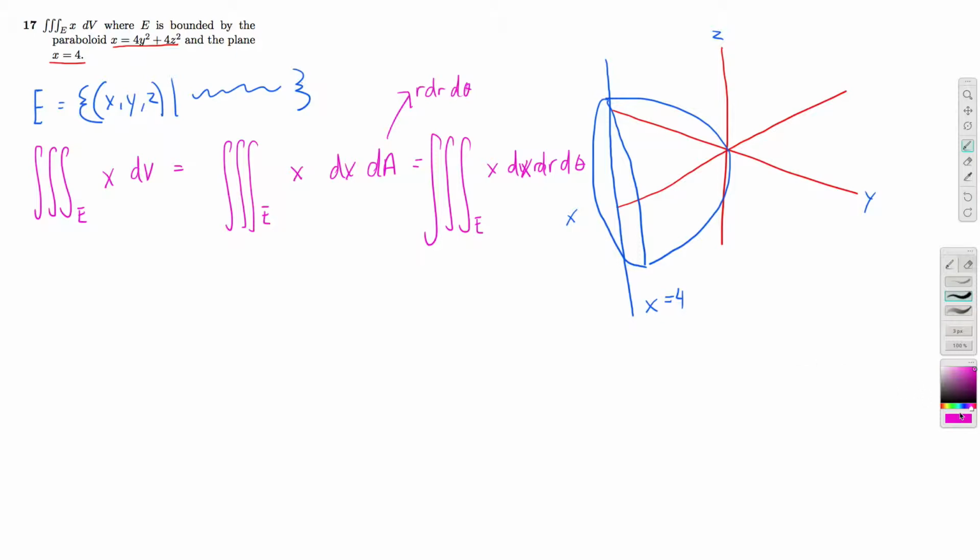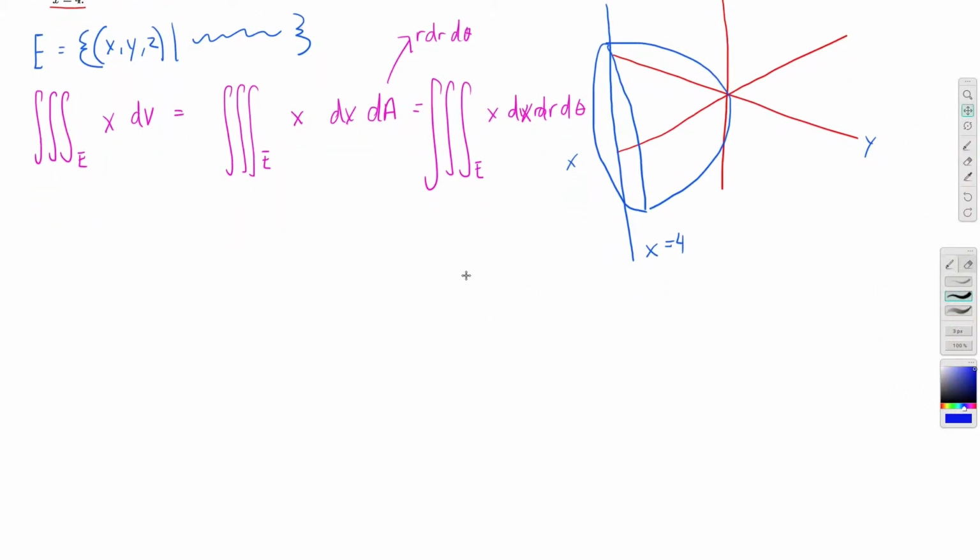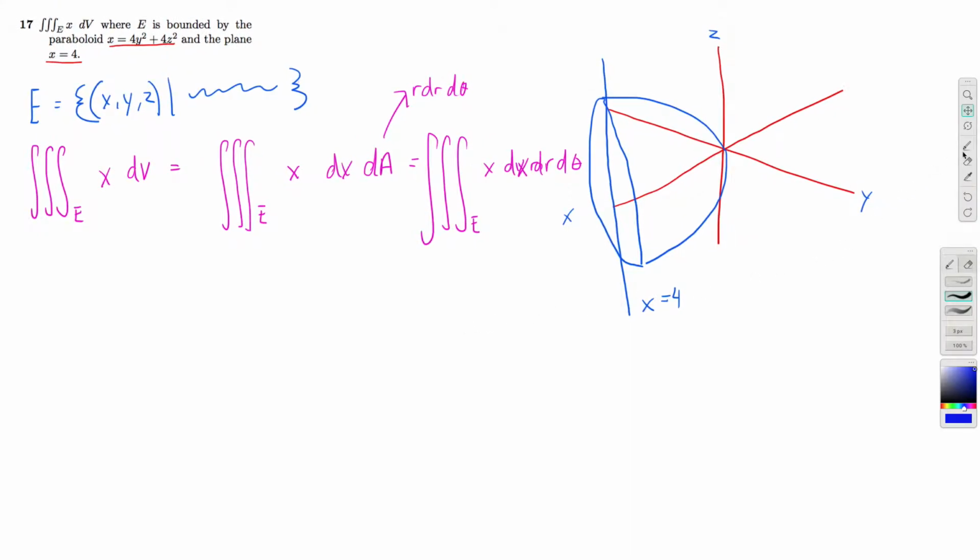Okay, with that being said, let us write what E is equal to, in regards to r, theta, and x. What is r equal to? r is the radius of the circle.